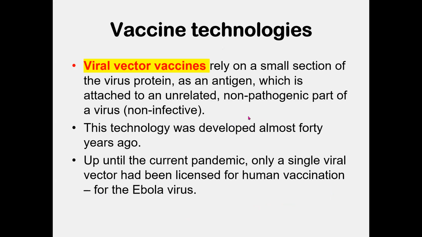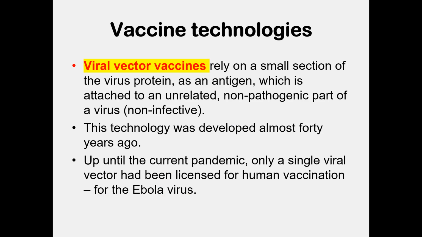Okay, let's look at vaccine technologies, which now there are 2 basic different ones we've been exposed to. So if you've had the Pfizer, Moderna, they're the messenger RNA one, and the other ones, AstraZeneca, the other one.